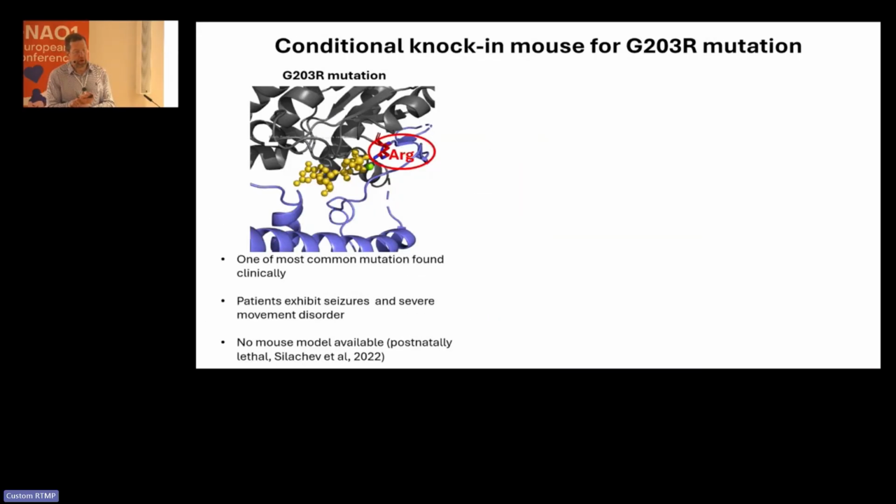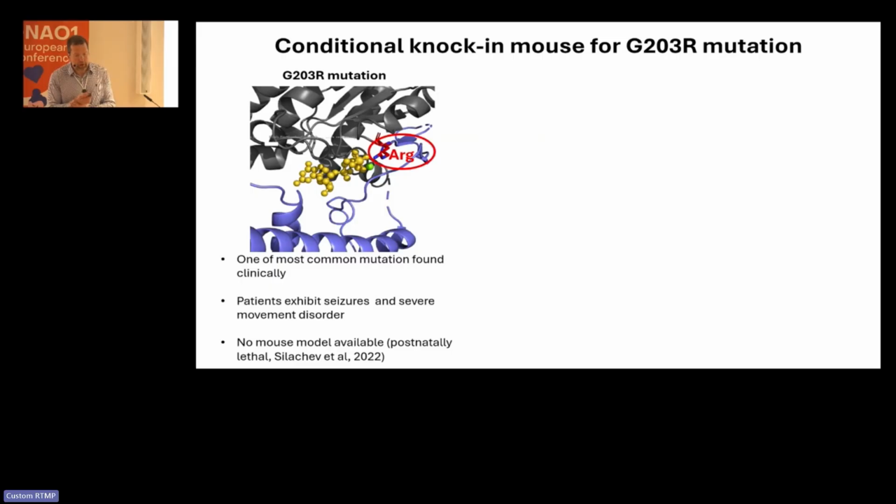And the particular mutation that we decided to model is G203R, which is one of the most common mutations found clinically. It is located in the switch 2 region, and patients with G203R exhibit both seizures and a severe movement disorder.